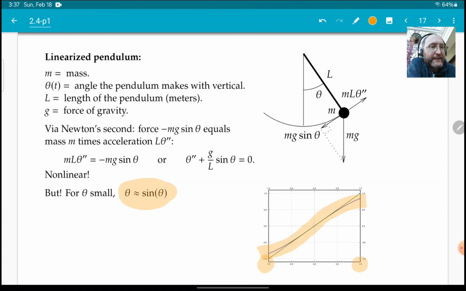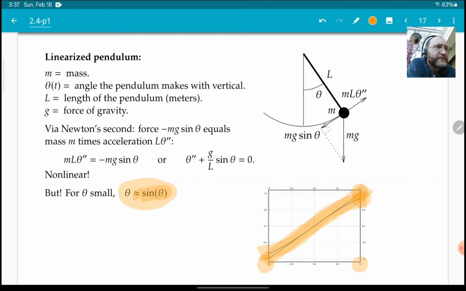The straight line is just theta. The horizontal axis is theta, and the vertical axis is whatever the function is. So when theta is 1, sine of theta is slightly less.